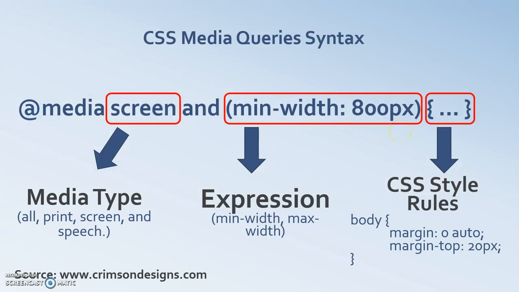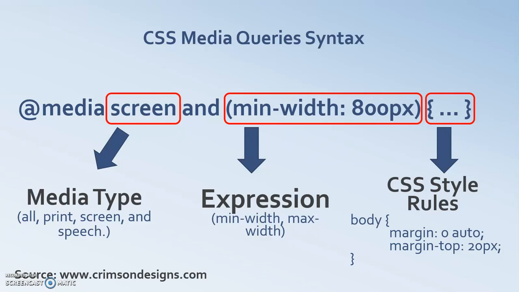This is the syntax for a CSS media query. Within the styles, we start by adding an @media rule, and then we input the media type. In this case, we're going to use the screen type, but we can also use print and speech, or we can use them all and set the media type to all.